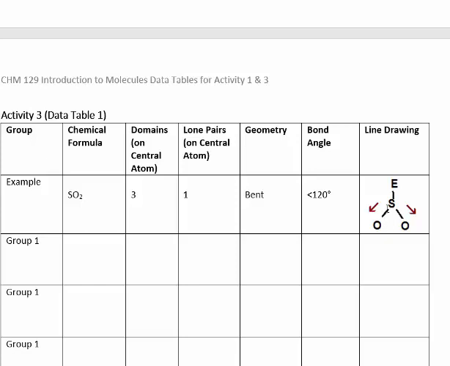So because this is a polar bond, I'm going to draw an arrow from the less electronegative central atom to the outer oxygen atom, which is more electronegative. And I'm going to draw one for every polar bond that there is. So sulfur-oxygen, arrow pointing towards the more electronegative atom. So if your chemical that you've chosen has a polar bond, go back to data table 1, activity 3, and draw arrows from the less electronegative atom to the more electronegative atom, only if it's a polar bond.